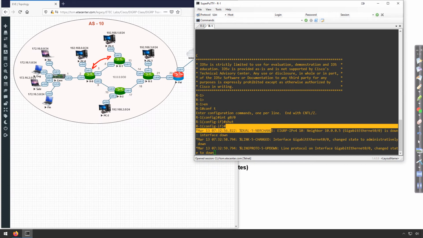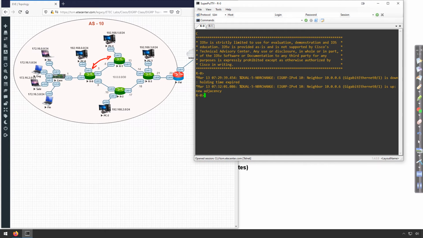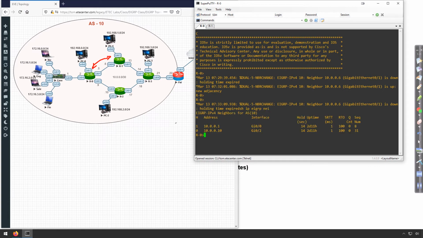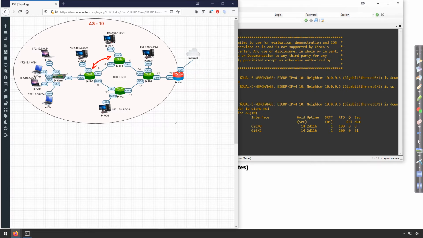Next we'll go to router 0 and run show ip eigrp neighbor, and we only have 2 neighbors left. 10.0.0.1 is the core switch, and 10.0.0.10 is router 2. As of right now, router 0 is still sending hellos out of gigabit 0/1.